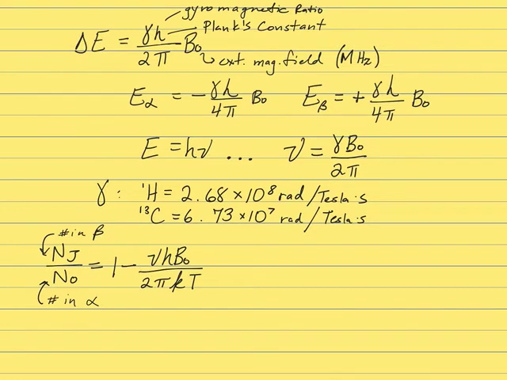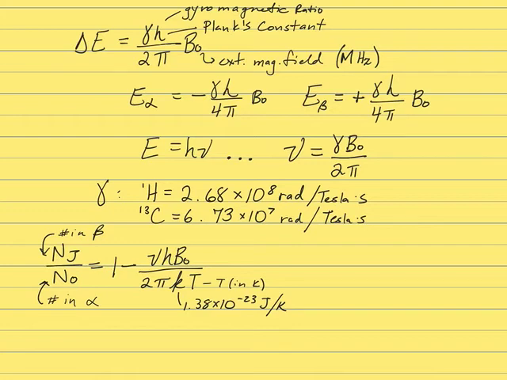In this equation, k is Boltzmann's constant, which is 1.38 times 10 to the negative 23rd joules per Kelvin. T is the temperature in Kelvin, of course, so that our units can cancel out. And then I think we've touched on what everything else here is.